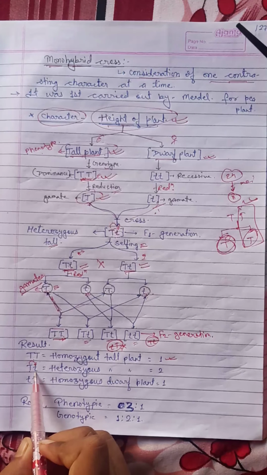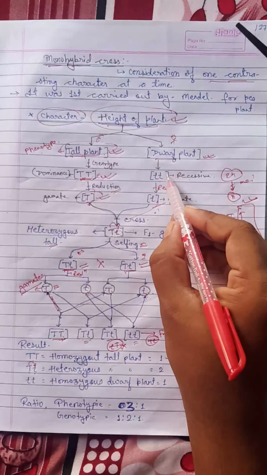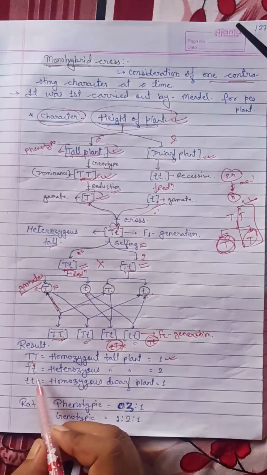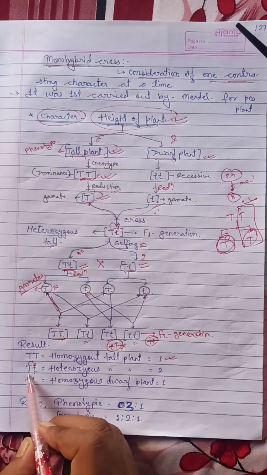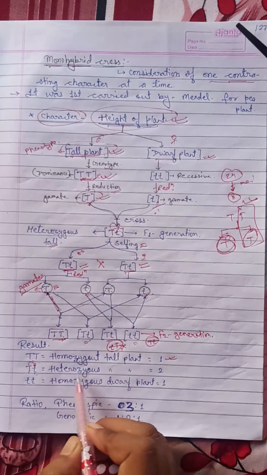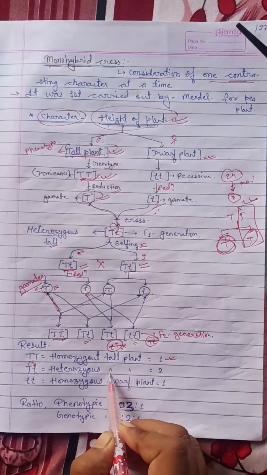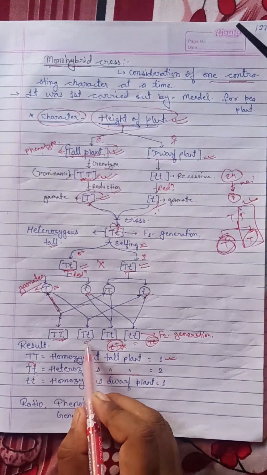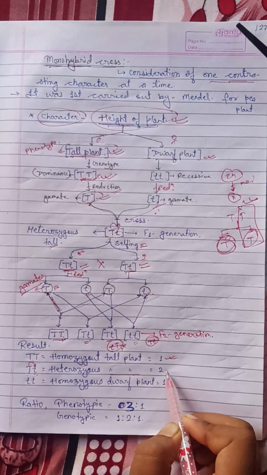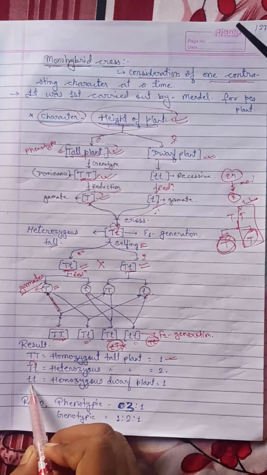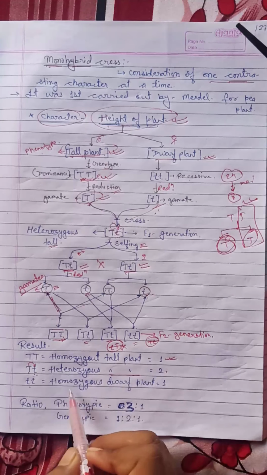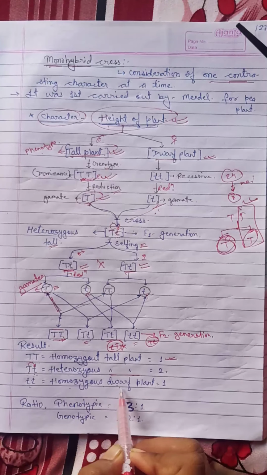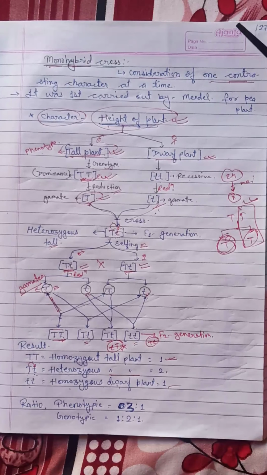This is the dwarfness character, the allelic form of the dwarf plant. But here the capital T is dominant over the small t. That's why it is also a tall plant, and its genotypic number is 2. And small t small t is a homozygous dwarf plant. The number of this is 1.